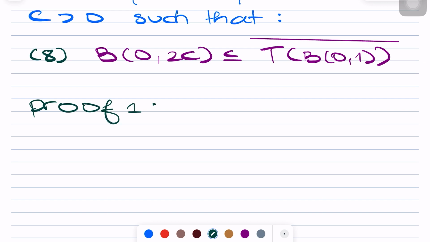I'm using different colors so it doesn't look messy. The proof is a bit constructive.